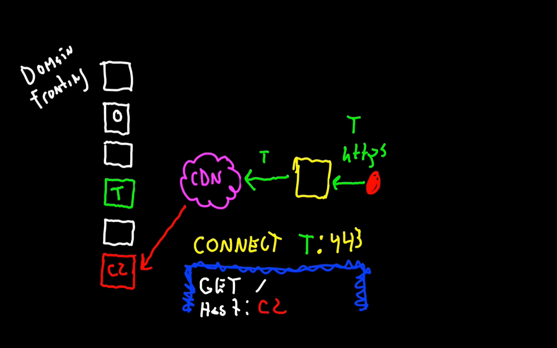And everything works the way we like. And this is why SSL is so desirable when you're doing domain fronting. Because ideally, the proxy server does not have visibility, that's my attempt to draw an eye, into what is happening within the actual HTTP request.